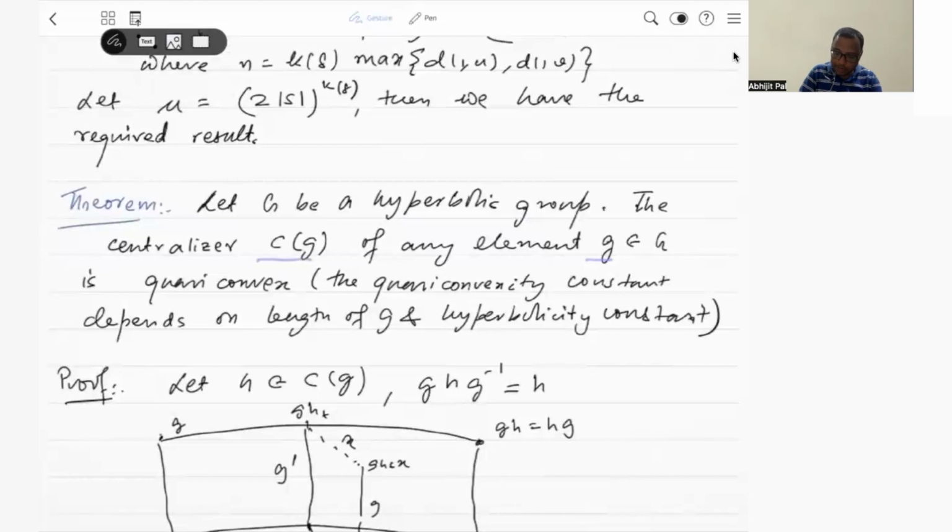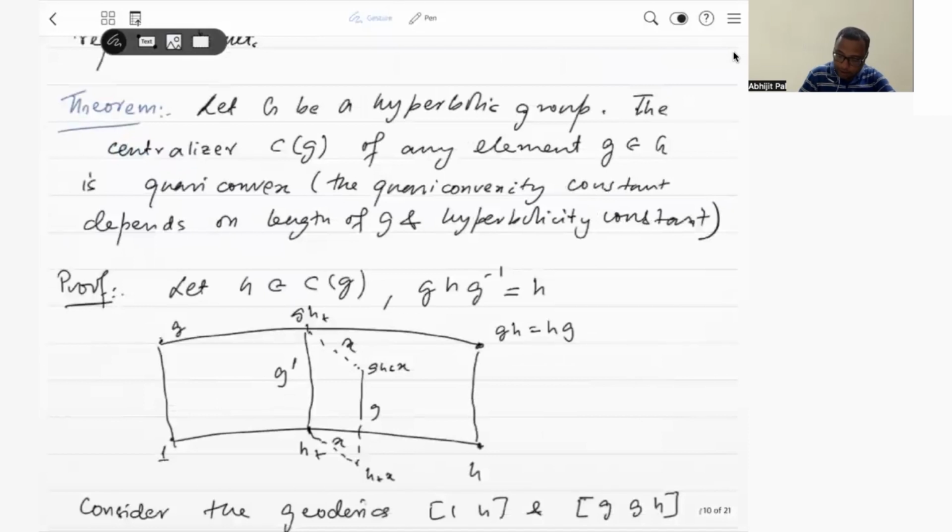We'll prove that the centralizer is quasi-convex, and this quasi-convexity constant depends only on the length of g and the hyperbolic constant of the group G. Now let us take an element h in the centralizer of g. Because h belongs to the centralizer of g, g h g inverse is equal to h.